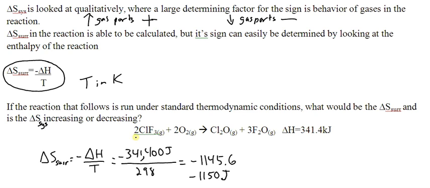And here we have 2 gas parts plus 2 gas parts means 4 gas parts, and then over on this side we have also 4 gas parts, which means that the change to the entropy of the system is going to be predicted to be in the neighborhood of 0. So there's really not a benefit. We can't use the equation as is to help us predict a sign for the change in entropy of the system.